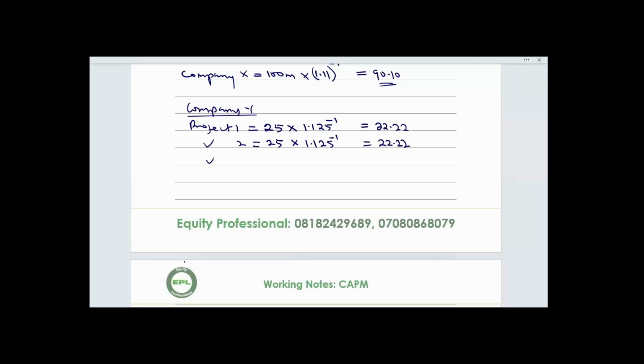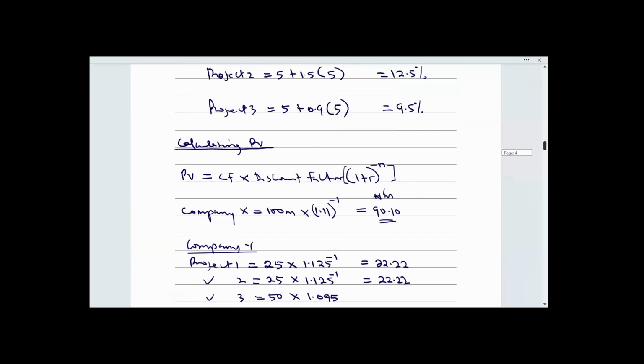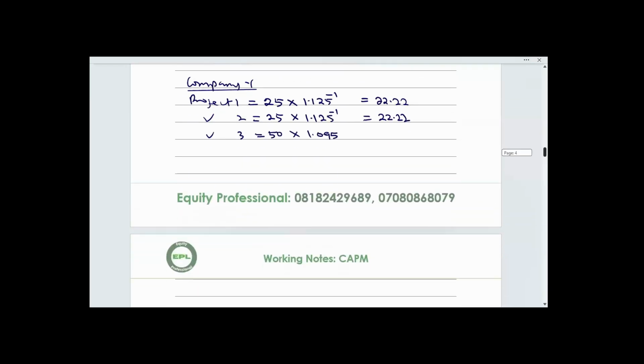Then cash flow of project 3. 50 million multiplied by the cost of capital we calculated for project 3, which is 9.5%. Okay, so 1.095 raised to power minus 1.